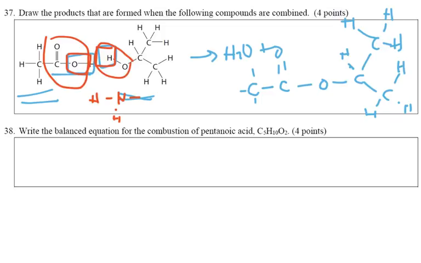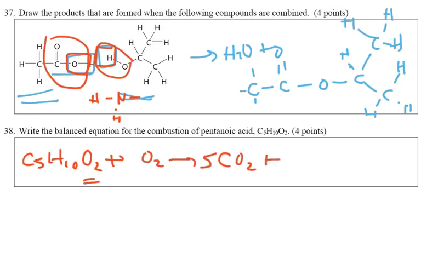Number 38, write the balanced equation for the combustion of pentanoic acid. So we say C5H10O2. Notice that we have some oxygens here. That's going to make a difference. Add it to O2, and we're going to get CO2. We have 5 carbons, so we're going to have 5 CO2s. We have 10 hydrogens, so we're going to get 5 H2Os.